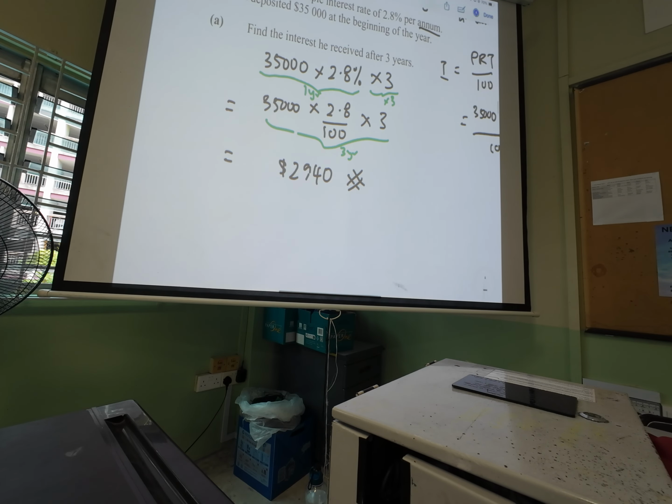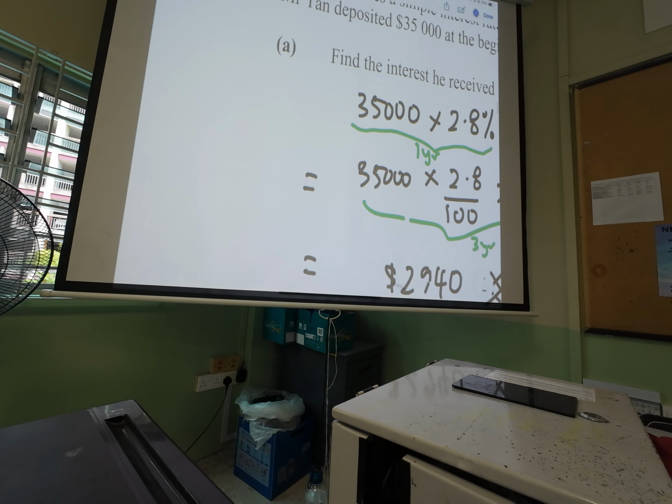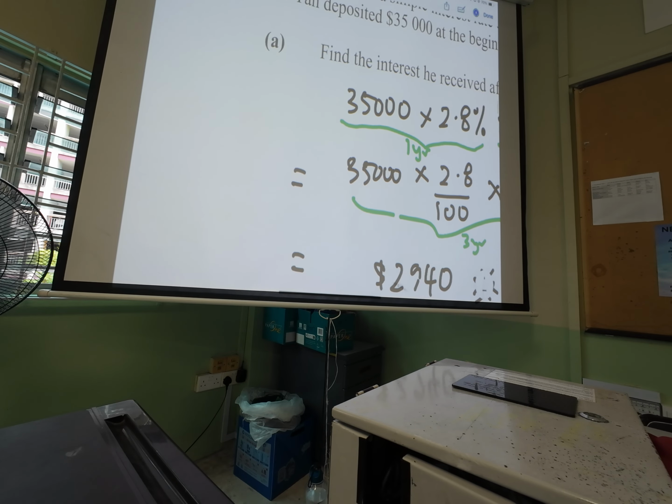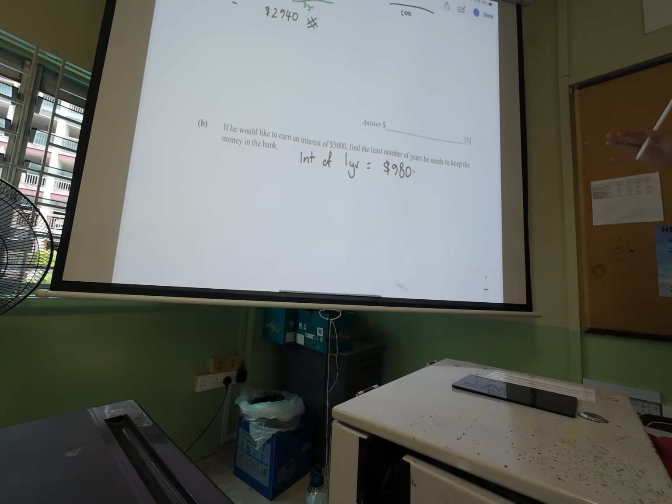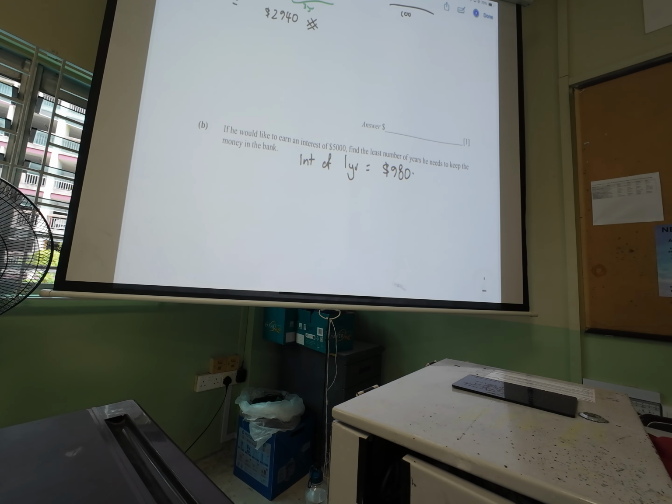Which is 35,000 times 2.8%. That one is 1 year. Okay? So if it's inside your calculator, you can straight away write down. If it's not inside your calculator, it is $980. Interest for 1 year is 980.